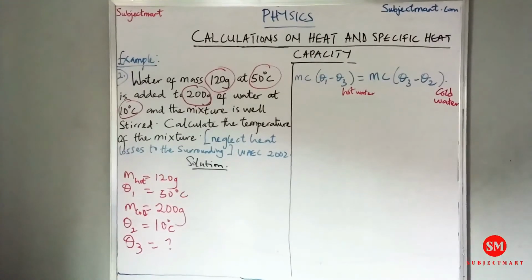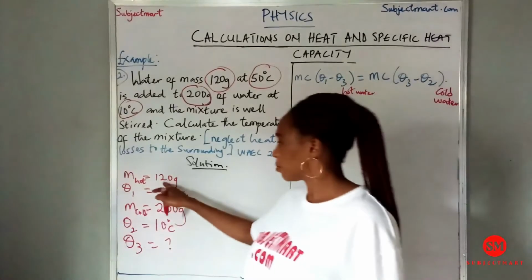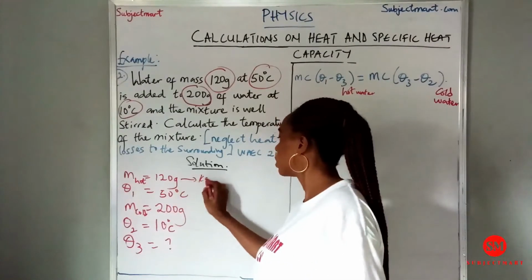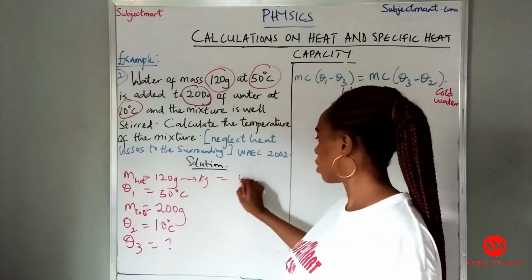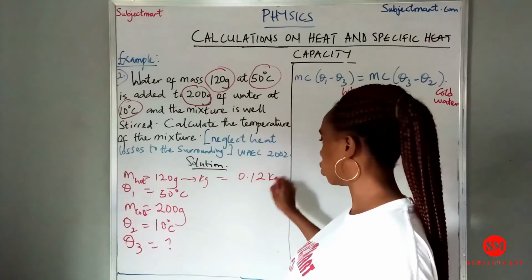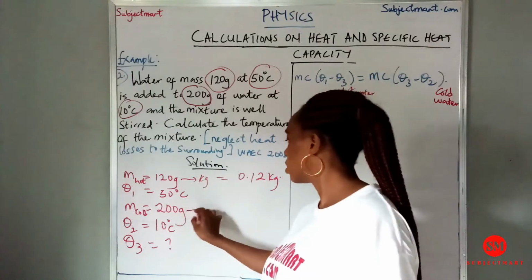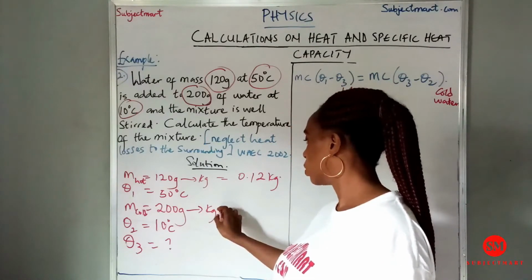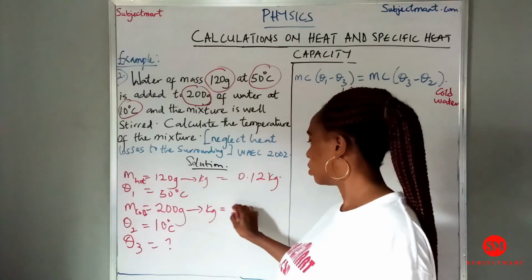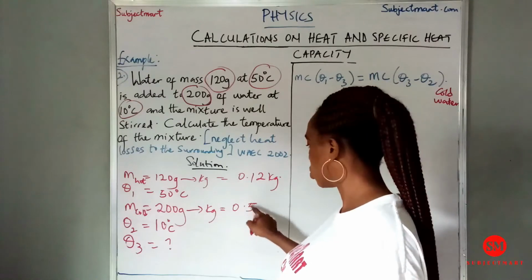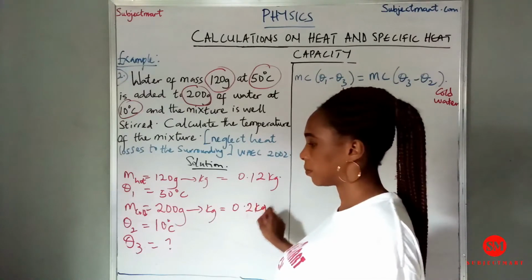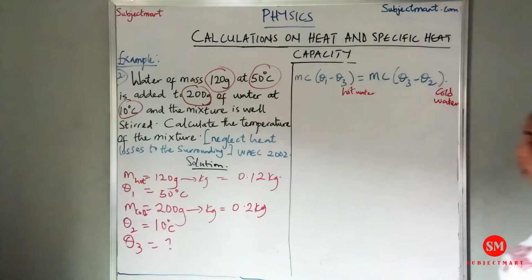So what we need to do now, our mass is given in grams, so we convert it to kilograms. Divide by 1000, that will give us 0.12 kg. While this also divided by 1000 will give us 0.2 kg. I want to believe that is also very clear.